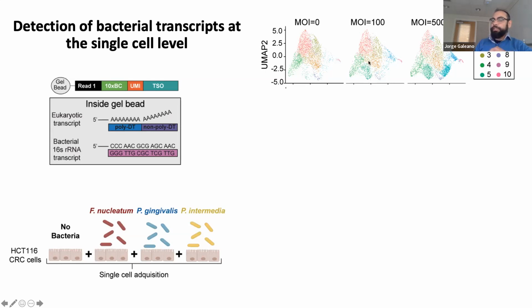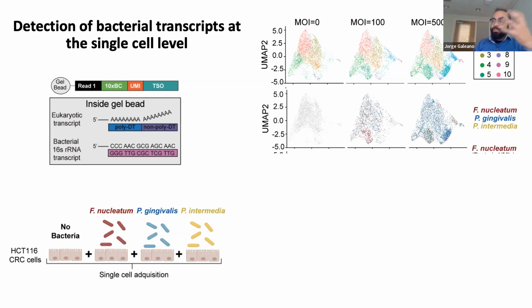What this tells us is that bacteria mainly infect cells from cluster 1, and they are converted into cells from clusters 5 and 6, if we assume that the viability is the same and they don't proliferate in the 3 hours of the co-culture.